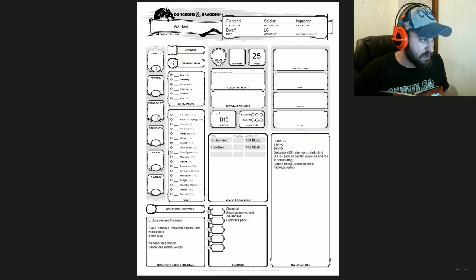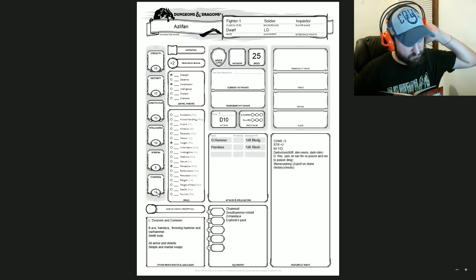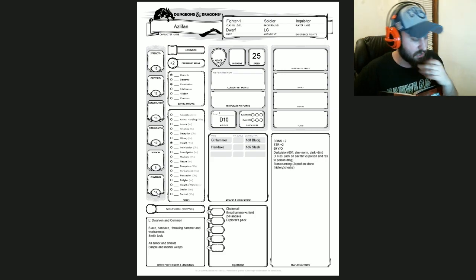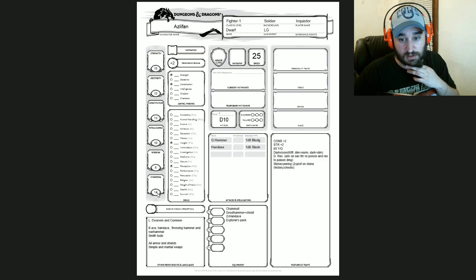Then we have 12, a 10, and an 8, right? Am I missing one? Okay, let's see. Yeah, I'm missing one. So there's a 10, there's an 8, and there is also a 14. I'm sorry about that. So it's 15, 14, 13, 12, 10, 8. Those are the base stats.